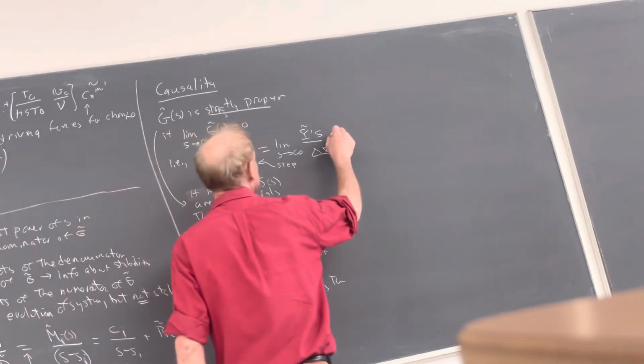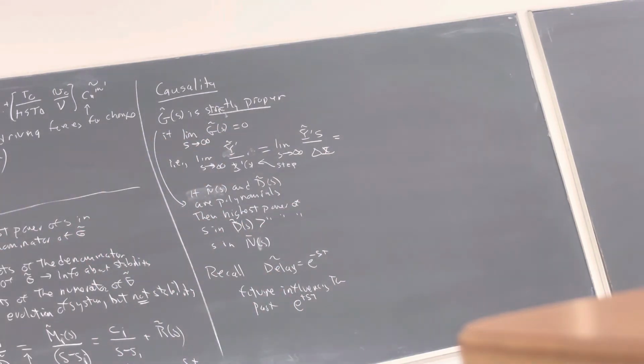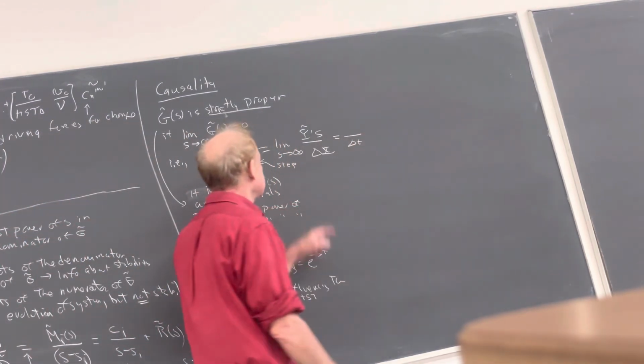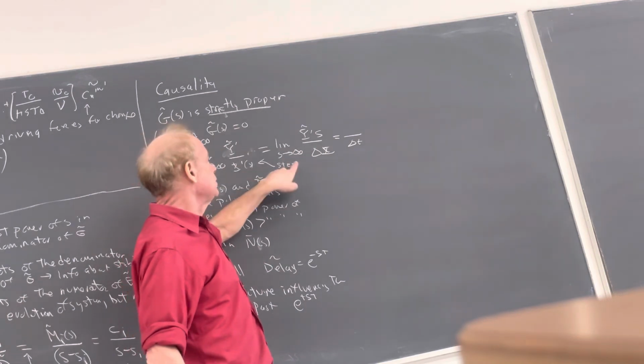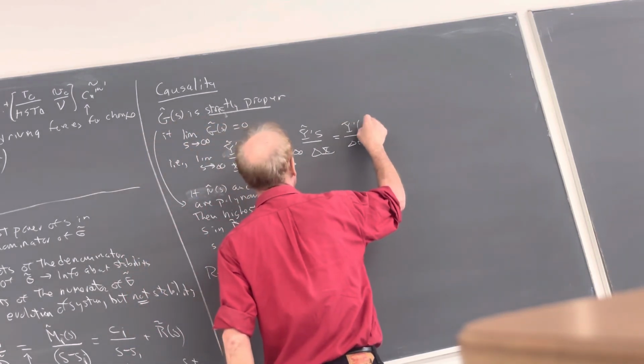And now we can use the initial value theorem. The limit of s f tilde as s goes to infinity is the limit as t goes to 0 of f of t. So notice this just has a 1 over delta x times the limit of s times y prime tilde as s goes to infinity. That's just equal to y prime of 0.